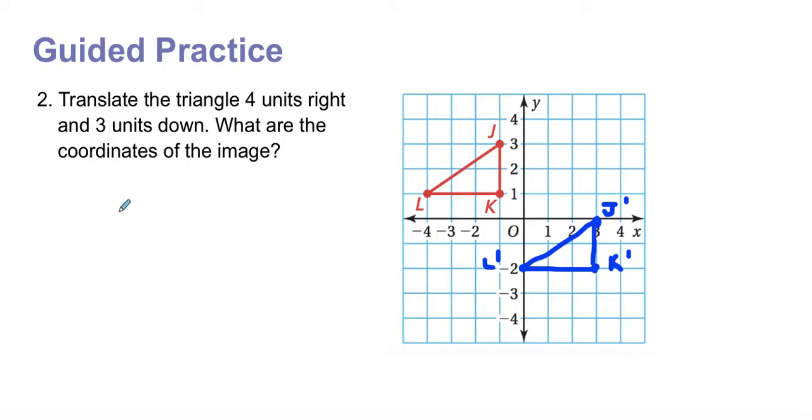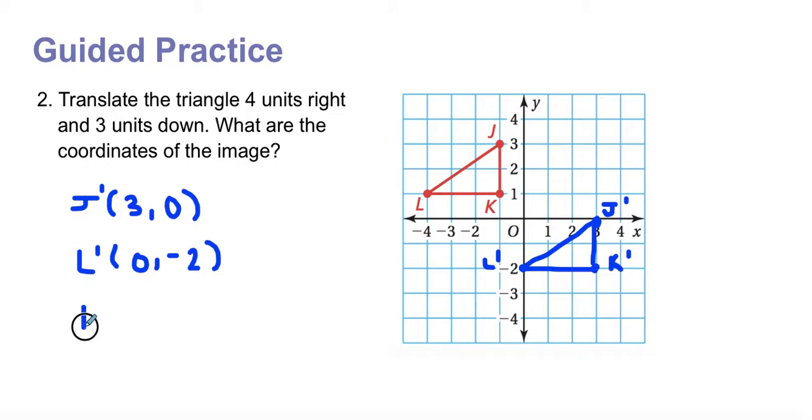Now I have to describe the coordinates. So I can say that point J is located at 3, 0. The image of point L is at 0, -2.